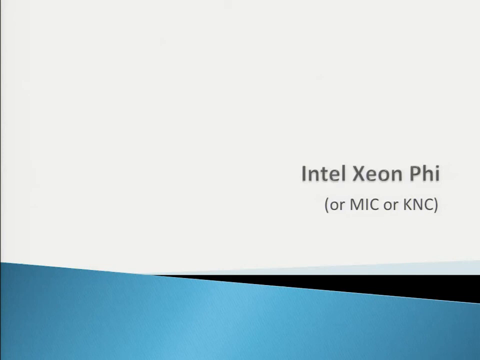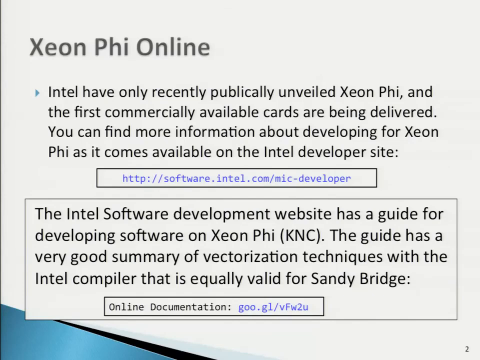But things didn't really run to schedule, so we haven't been able to show you, but I thought it might be good just to tell you a little bit about this architecture. Before we start, it was only publicly unveiled at the Supercomputing conference in November.